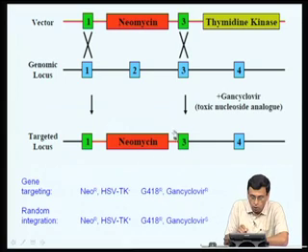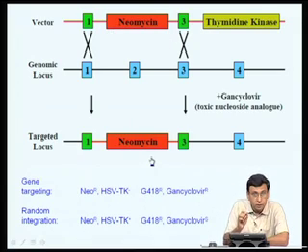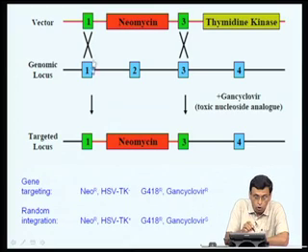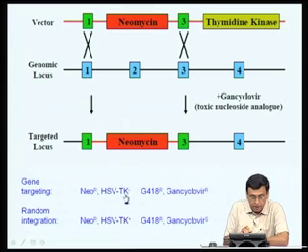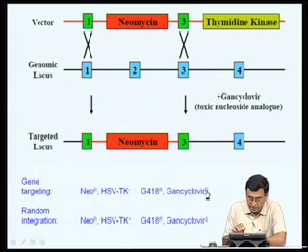So, the thymidine kinase gene will not get incorporated into the chromosomal locus, only the neomycin resistance cassette will get incorporated if the cells have undergone homologous recombination. Such cells will be neomycin resistant, but since they do not carry the HSV thymidine kinase gene, they are G418 resistant and ganciclovir resistant. So, if you add ganciclovir, these cells will not get killed.